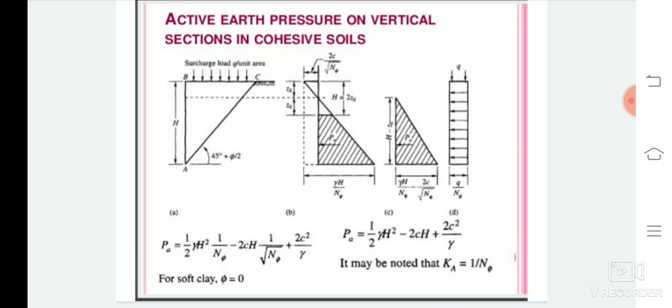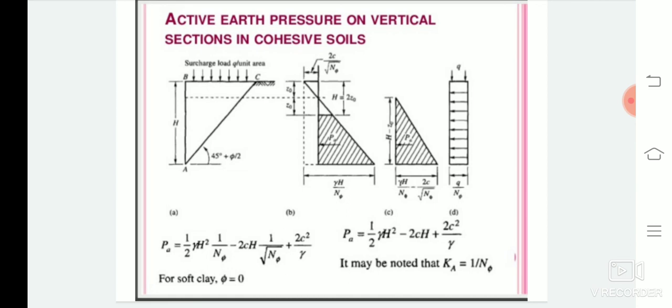The critical height of this unsupported vertical cut is given by Hc equals 4c by gamma into tan alpha. So from this figure we can easily say that for cohesive soil there is a development of tension.